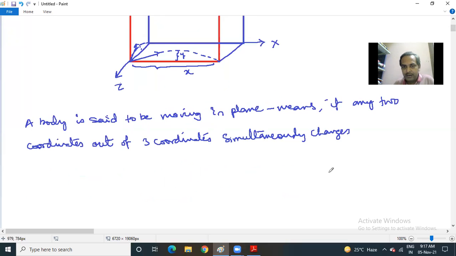So any two coordinates means maybe xy simultaneously, or yz simultaneously, or zx simultaneously. So three axes, three pairs. Then you can say the body is moving in a plane.